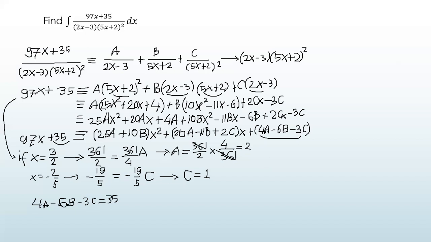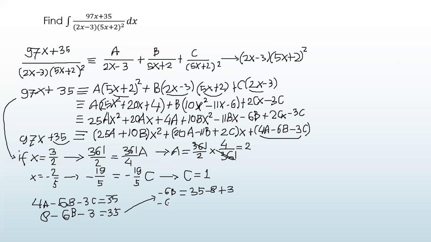Recall that A equals 2, so it becomes 8, 6B, and 3C, where C equals 1, equals 35. I'm going to move to this space. So negative 6B equals 35 minus 8 plus 3.